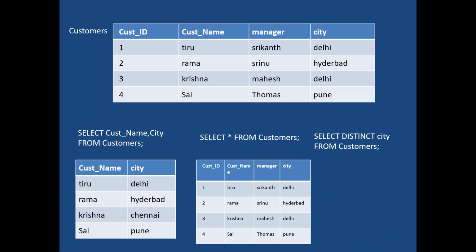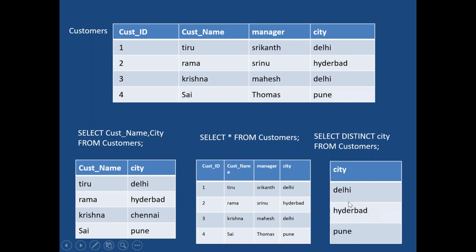Select distinct city from customer. So only the city column, and distinct. What is meant by distinct? Unique. When it is displaying the city column, it will check Delhi, Hyderabad, Delhi again repeated. It will remove the repeated Delhi because it needs only unique cities.